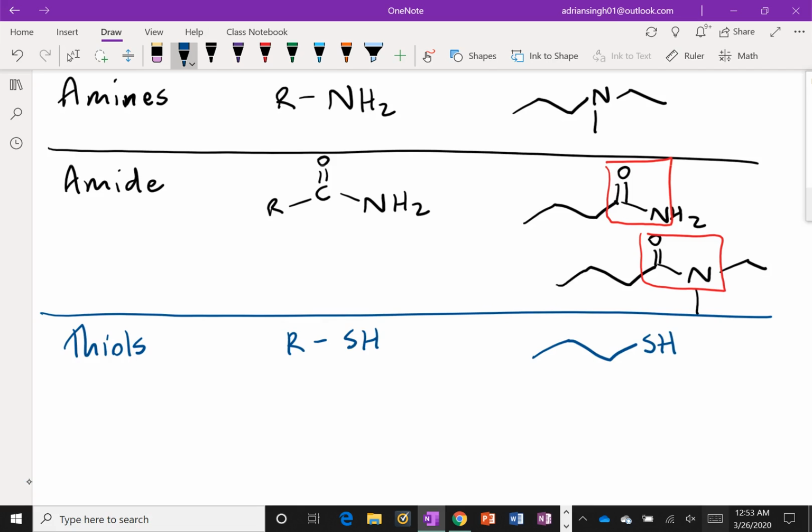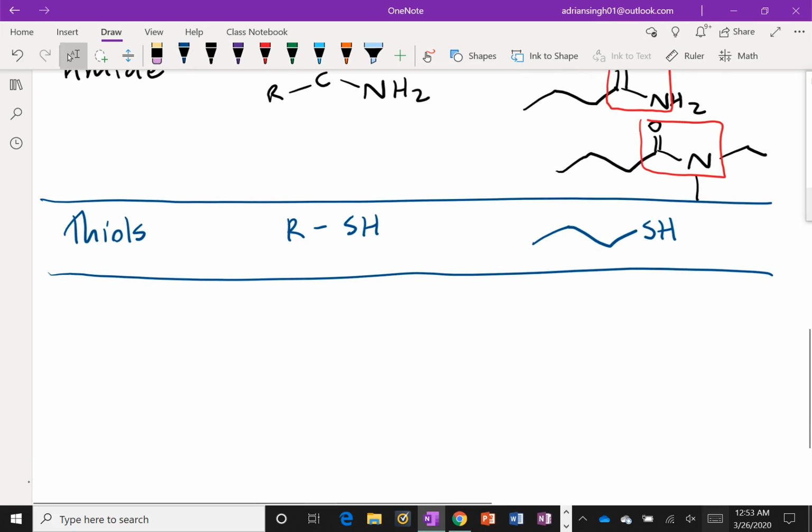Thiols typically have sort of a repulsive smell associated with them. They're usually added to natural gas to alert you that there's a leak. So when you smell gas, that's really not the gas that you're smelling, like the methane or the ethane. That's actually something that they add to it, usually a thiol that's really repulsive to alert you that, you know, there's a leak of a gas and you need to stop the leak or, you know, get out really quick.